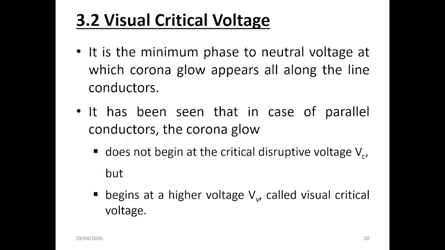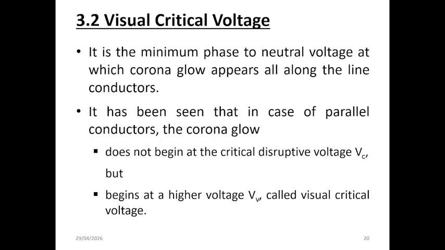It has been observed that in the case of parallel conductors, the corona phenomenon does not become visible immediately at the critical disruptive voltage VC. Instead, the visible corona starts at a higher voltage level VV, known as the visual critical voltage.